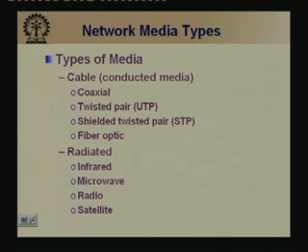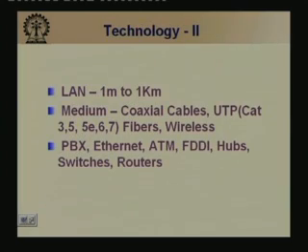Similarly, we can also communicate without the use of any cable by simple electromagnetic radiation, and this radiation could be in different ranges of the frequencies, like infrared or microwave or radio or satellite etc. So, we will look at all these one by one.